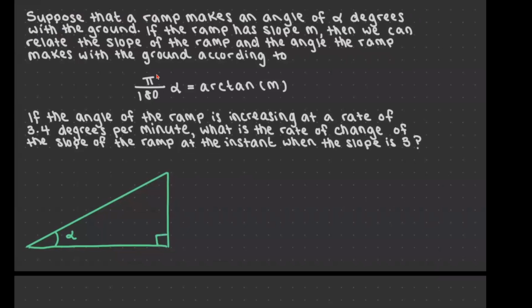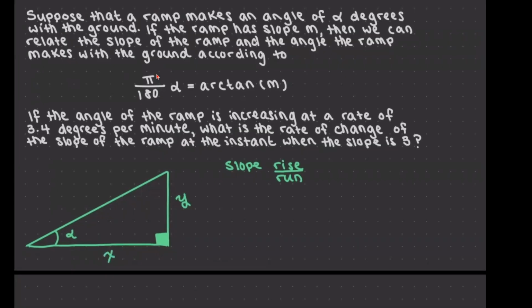Now, this is a right triangle. It doesn't say that anywhere, but that's a key assumption we're going to make. We know that the slope is m. Well, slope is rise over run. So rise, let's call this y, run is x.